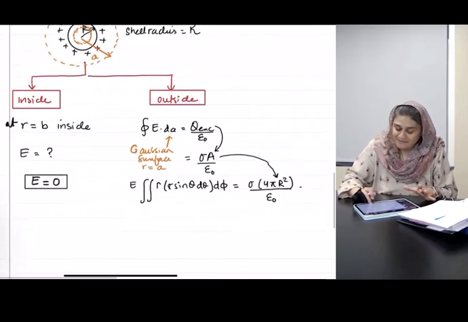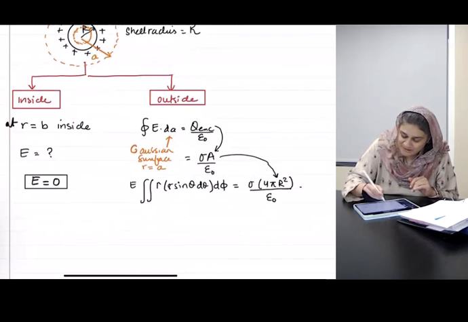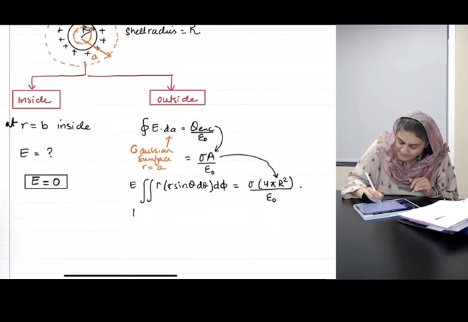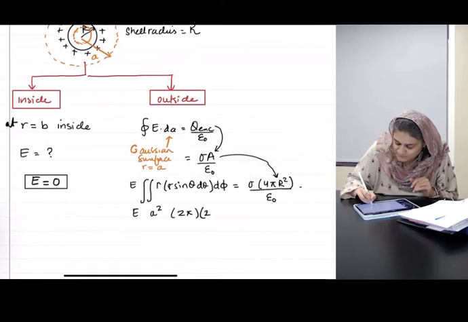So on my left-hand side, what will this become? E A squared 2 pi times 2. Let me finish writing this and then I'll let you look at it.